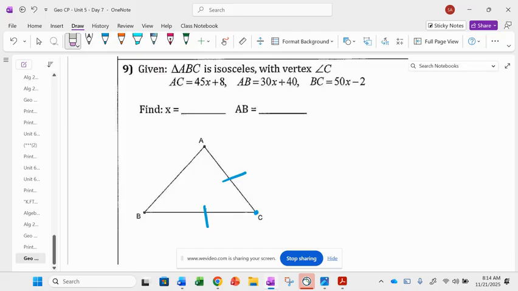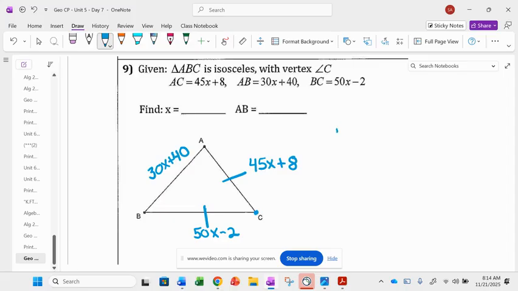All right, so now that we know which two sides are congruent, now we can label. It says that AC is 45x plus 8, that AB is 30x plus 40, and BC is 50x minus 2. Can somebody help me think of an equation to solve for x?